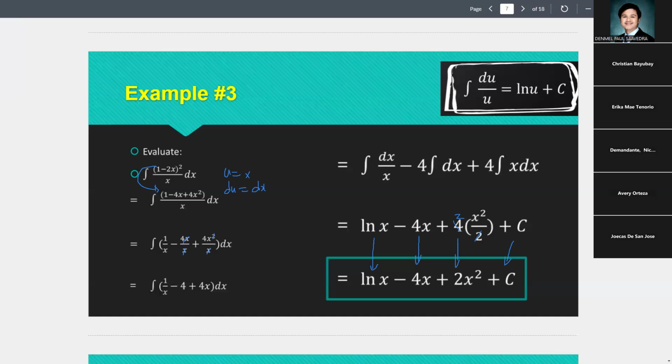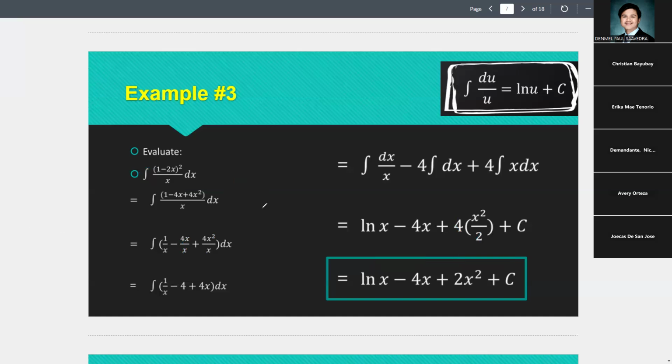Pwede po pa-repeat bakit na-cancel mga X. Third step, dito. Dito, again, pwede mong i-separate, since meron tayong single common denominator, okay? So, pwede mo siyang i-transform into something like this. 1 over x, then separated by the operation, negative, and then 4x over x plus 4x squared over x. So, dito, as you can see, x is cancelable.